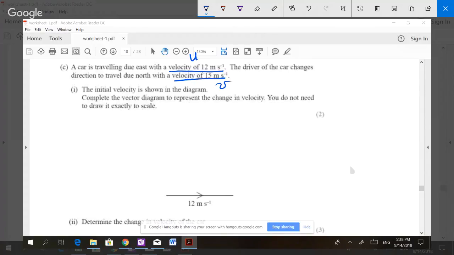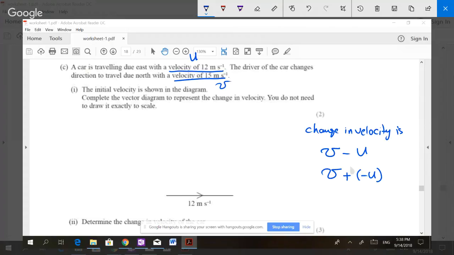So the change in velocity is v minus u. If I want to find the geometric vector sum of v minus u, it's v plus minus u. This vector sum of v plus minus u is equivalent to v minus u.